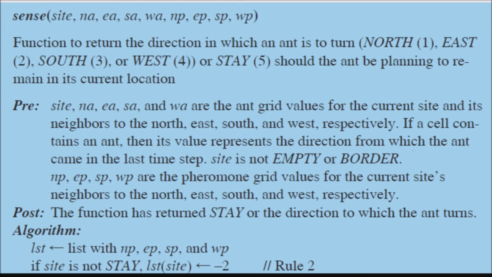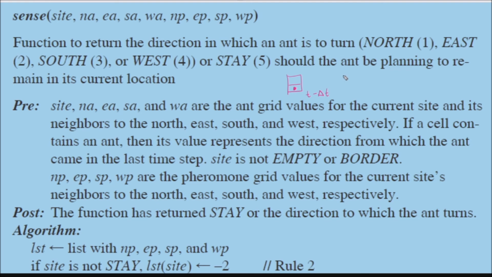Okay, so if you're not clear on it, let's say this is the case. I have this, and the ant was here the last time. The last time is t minus delta t. At that time the ant was there, so this is south, right?